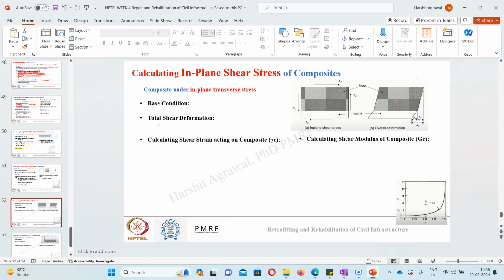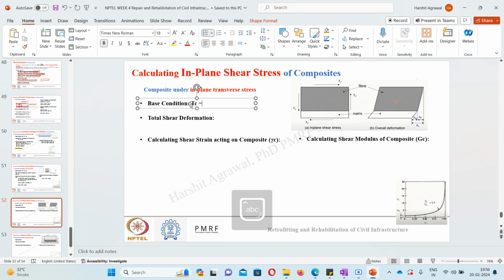Now another condition can be in-plane shear stress. Right now we talked about longitudinal stress and transverse stress, but there can be in-plane stress also. So how do we deal with these conditions? Suppose I have an in-plane shear stress acting, the same value acting along all directions. What will be my base condition here?